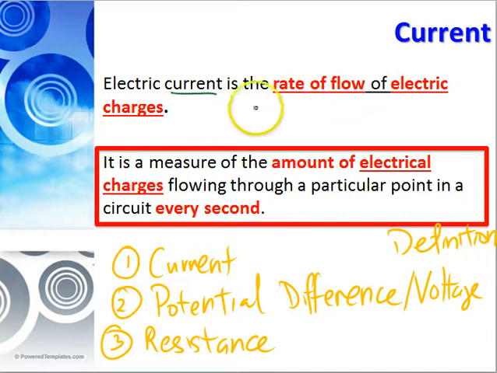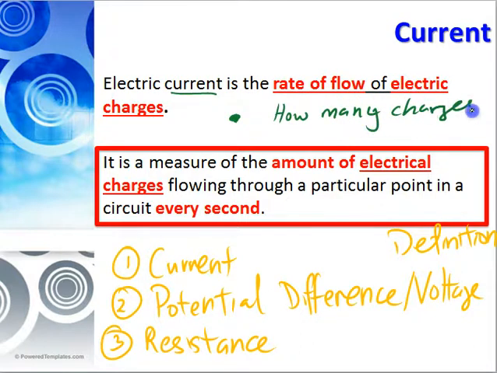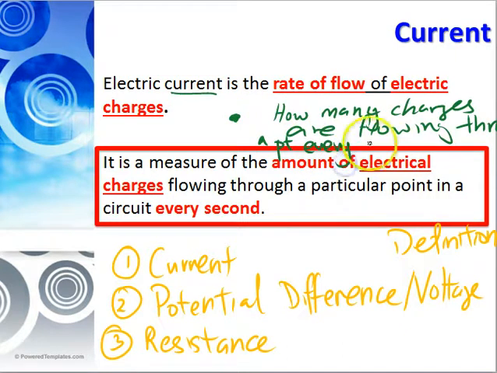It is the rate of flow of electric charges. So think of it as this is a charge. We are counting how many charges are flowing through a point every second.